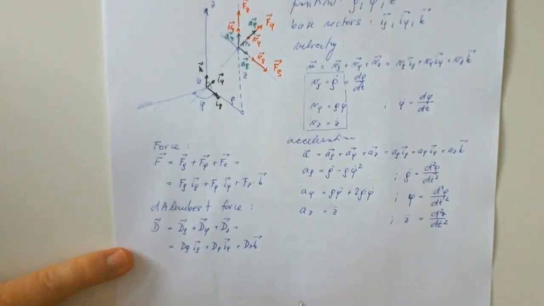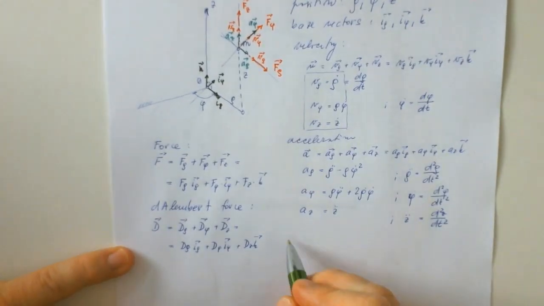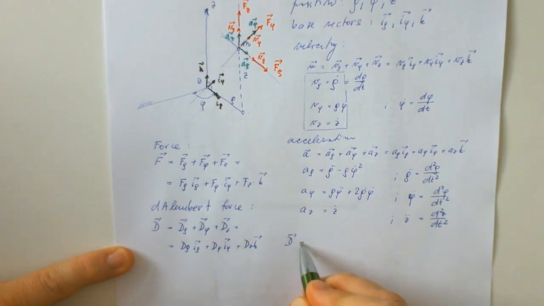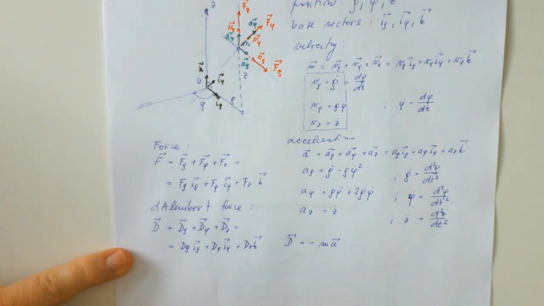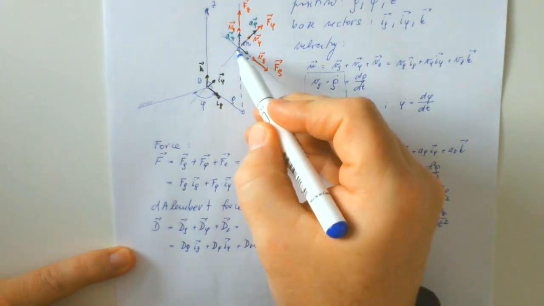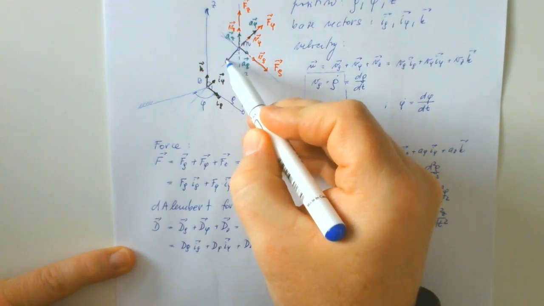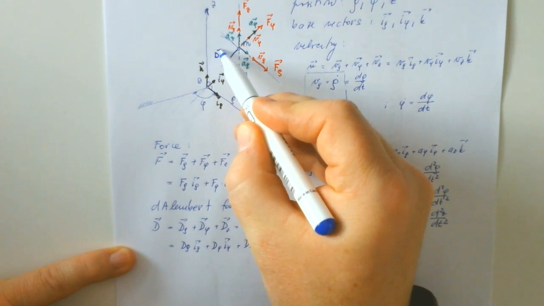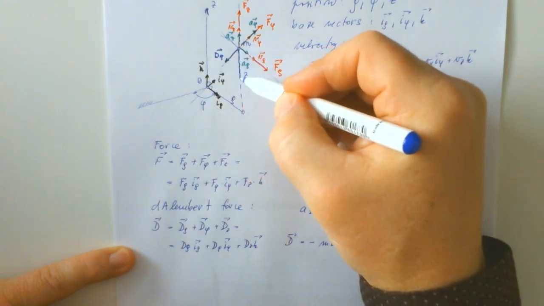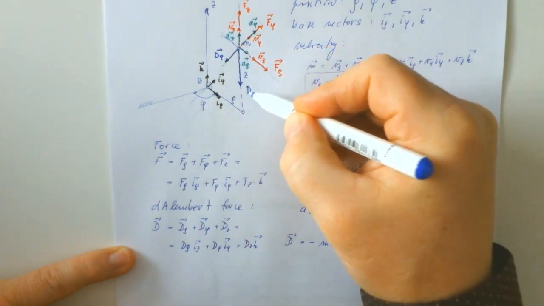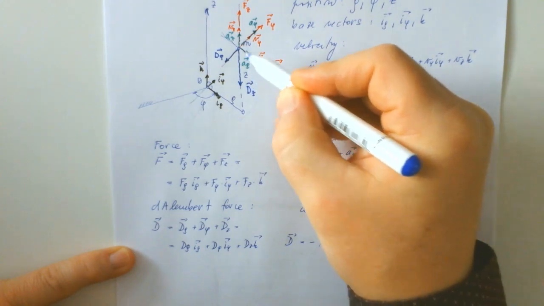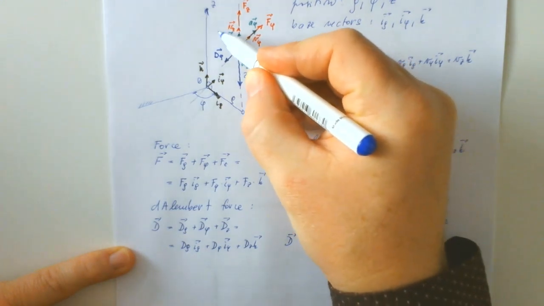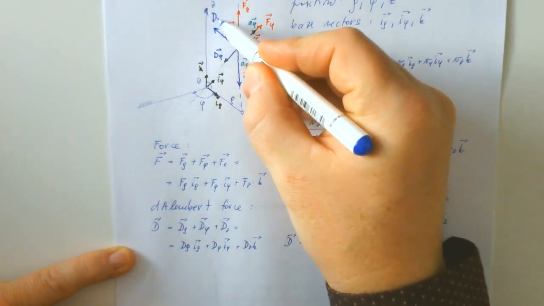And as we know, the orientation of D is given by the negative orientation of positive acceleration. So it's against acceleration, so this is component d phi, this is component dz, and this is component d rho.